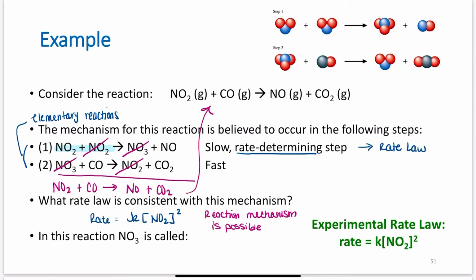In this reaction, NO3 is called an intermediate, or a reaction intermediate. An intermediate is something that is produced in one step and consumed in a subsequent step.